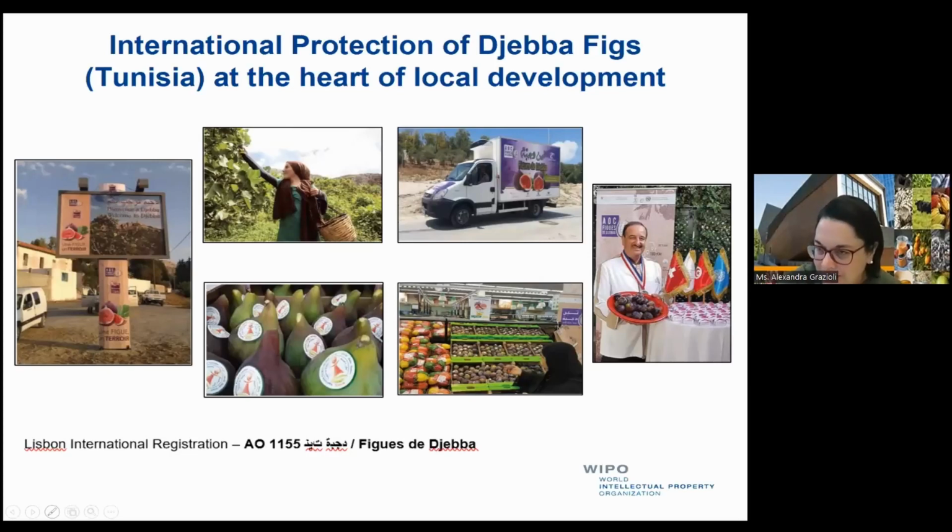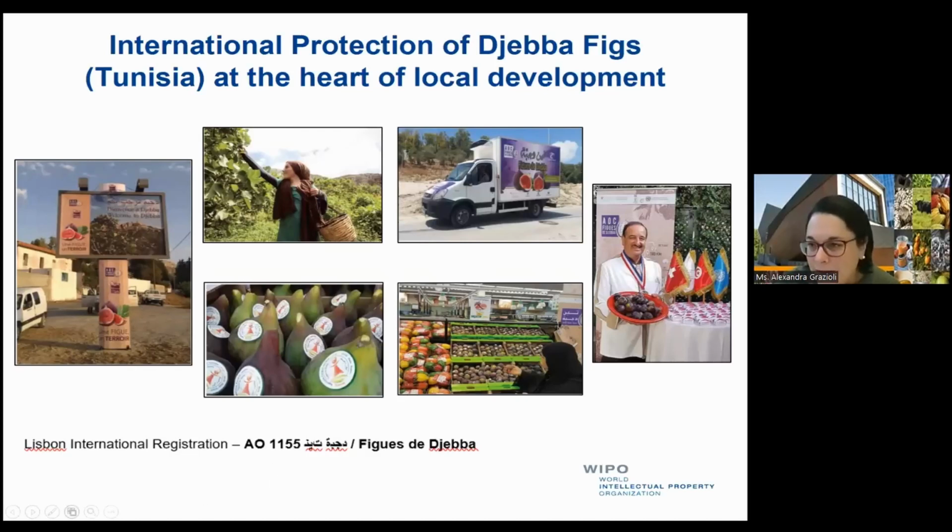And with all that investment in the quality of the product, but also doing the control and securing this quality product to the consumer, the fig became a flagship product of Tunisia. But it is also now exported in the market, so the need for that international protection. And they have also developed local tourism around that fig, and also festival events throughout the year.